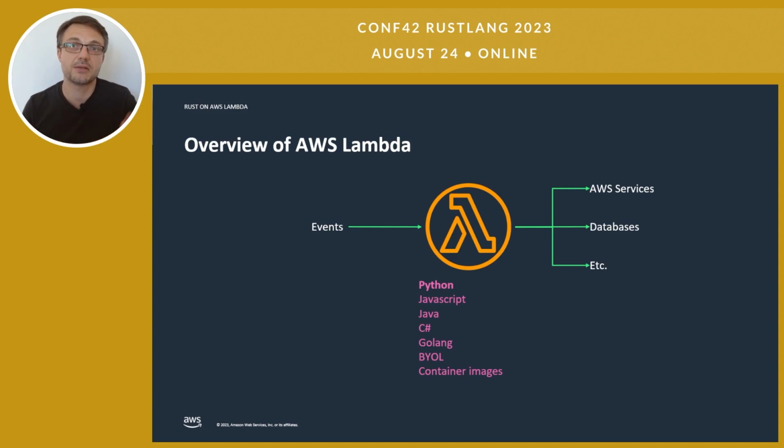With Rust, it is usually a custom runtime, but don't think that you will spend a lot of time creating all these primitives yourself. I will explain later that you don't need to care a lot about this.